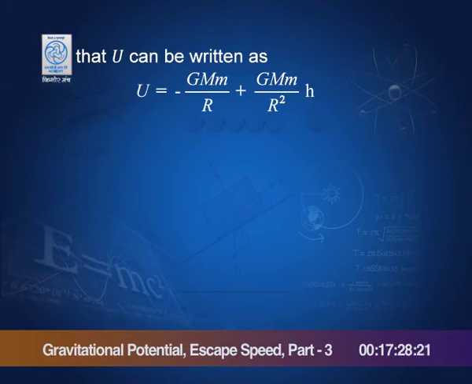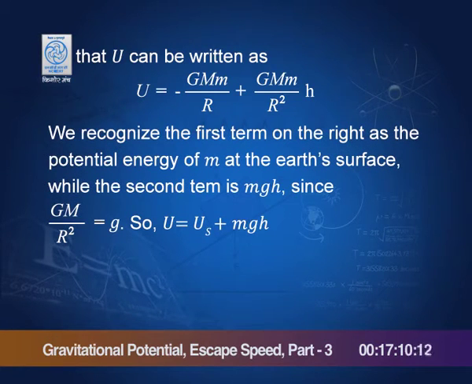So, therefore, we can write finally the gravitational potential energy of a mass m at a distance h from the surface of the earth as minus GMm by R plus GMm by R squared into h. We recognize the first term on the right as the potential energy of m at the earth's surface.